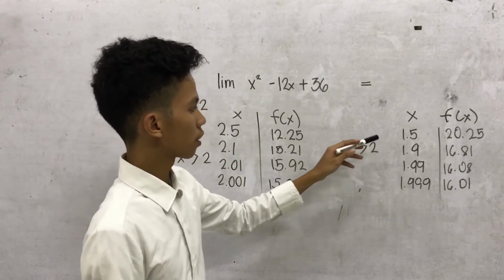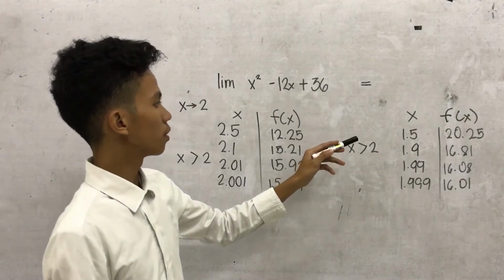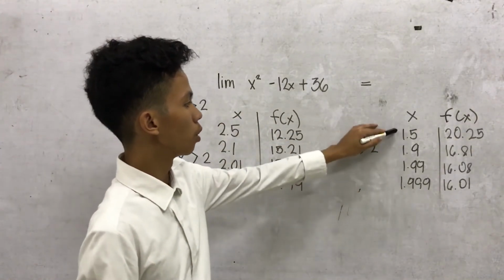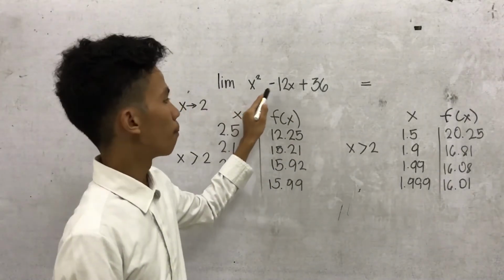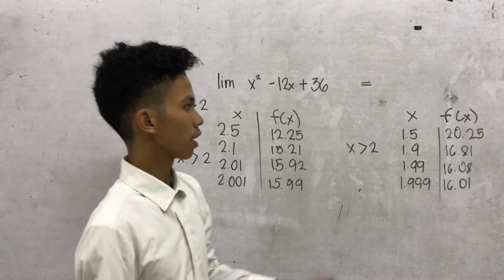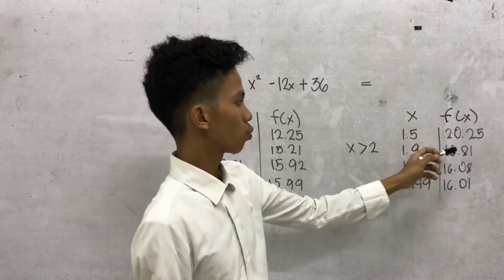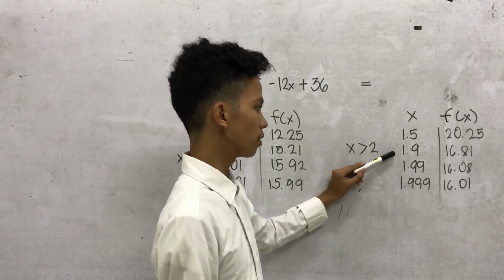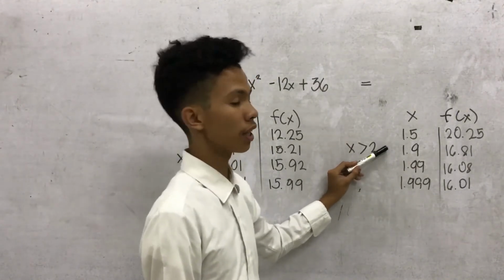So the first value substituted to the given formula will be 1.5 squared minus 12 times 1.5 plus 36. And the f of x of that is 20.25. For the preceding value, 1.9, the f of x is 16.81.